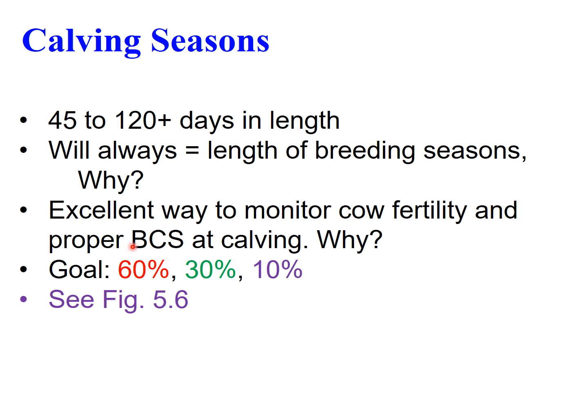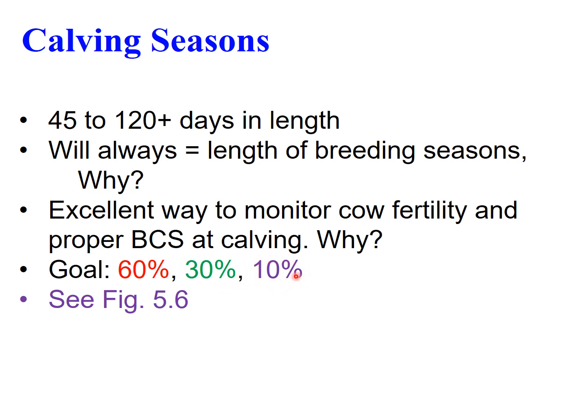Looking at the distribution of calves within the calving season, it's always a good idea to divide the length of your calving season into 3 parts. So divide it into a third and a third and a third. And it'd be really good if 60% of our calves were born in the first third, 30% born in the second third of the calving season, and only 10%, very little, born in the last third.